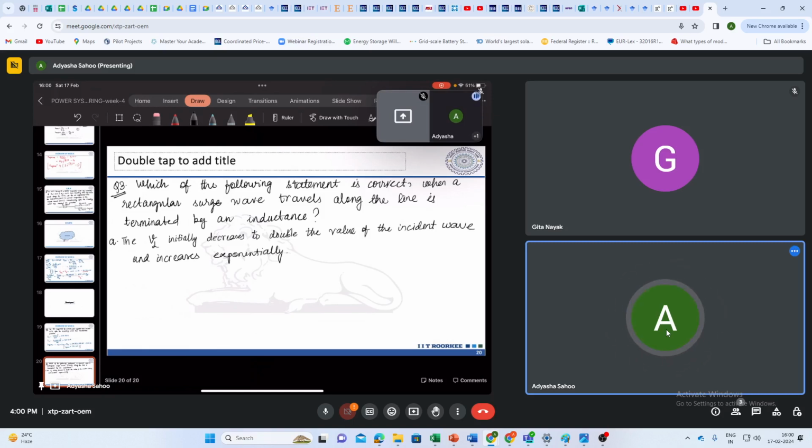The second one is showing the VL initially rises to double the value of the incident wave and decays exponentially.